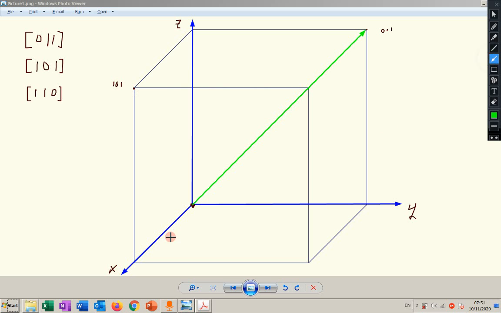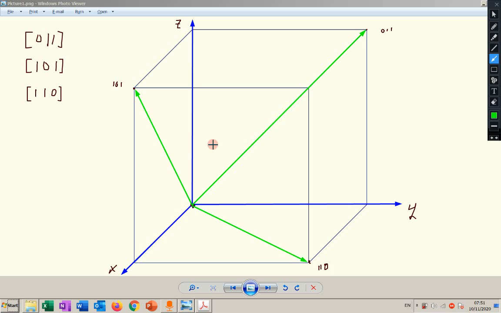The direction will come in this manner. Now if I go 1, 1, 0, 1 in x, 1 in y, 0 in z, that's going to be the point here by itself. So if you draw the direction, bring it from origin to that point.